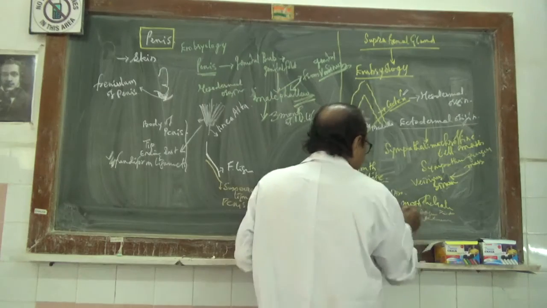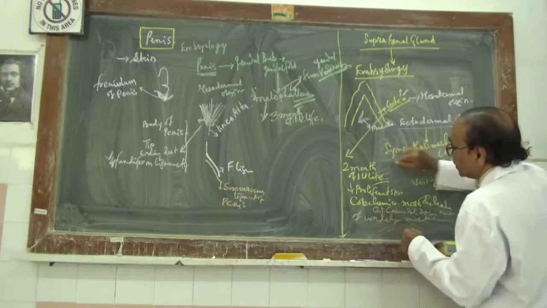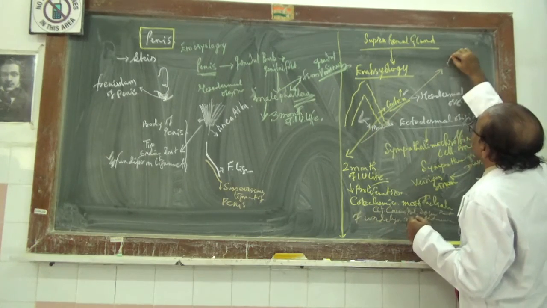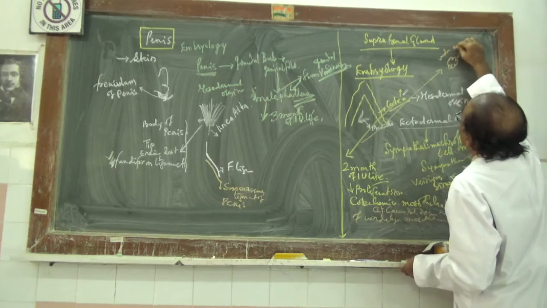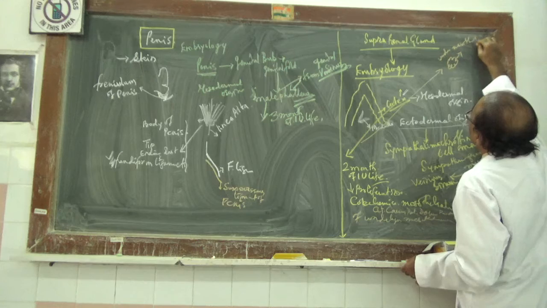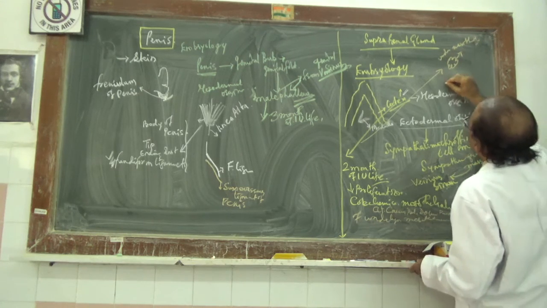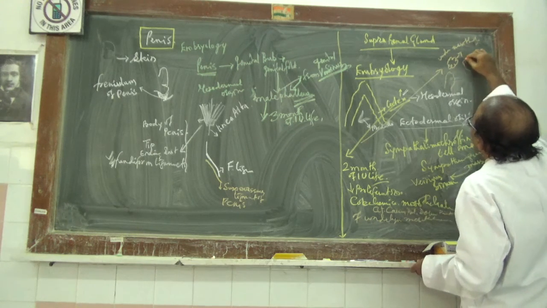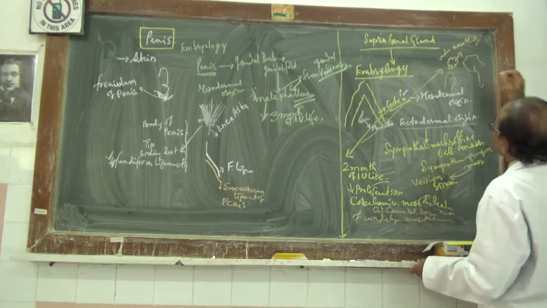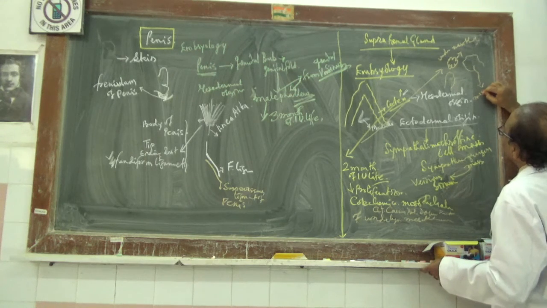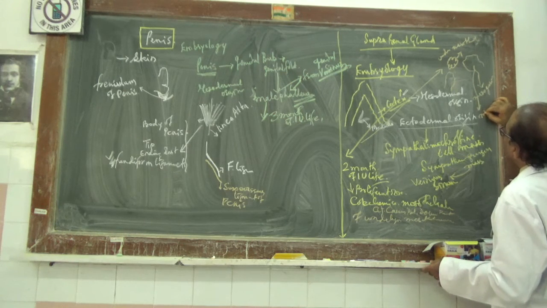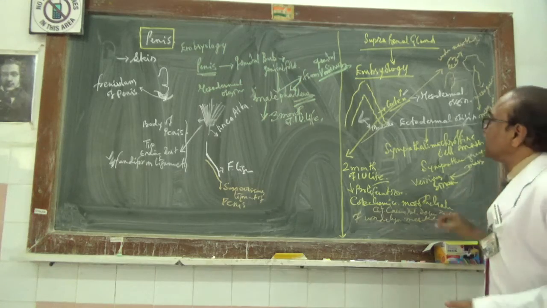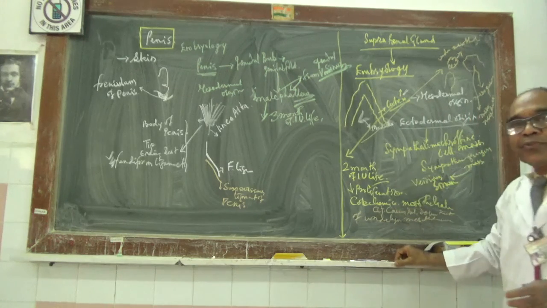This is the underlying mesothelial part which is present in between the mesogastrium and the mesonephron part. So the cortex will develop from that.